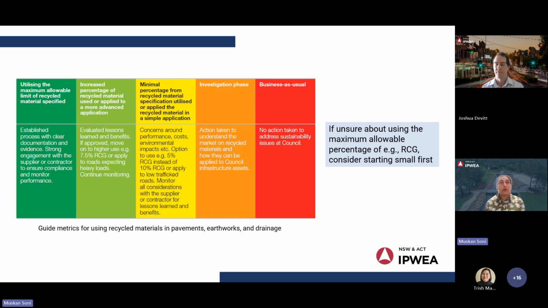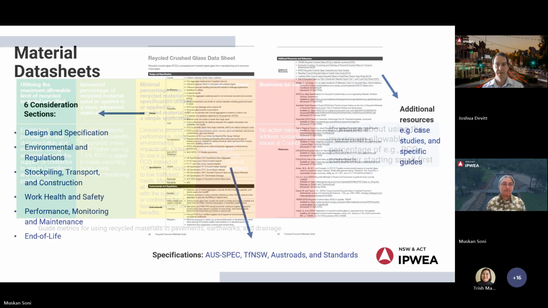So there's no requirement to jump right off the bat into the higher percentage. You can start off in the beginning and move up to it and then see how it goes and what's more suitable for the council and the application in particular. Thanks, Muskan.